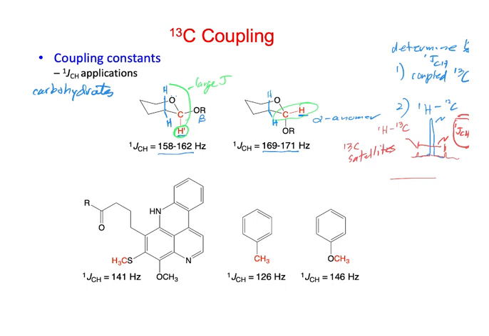So you have a diaxial coupling constant. Remember, at 180 degrees it would be bigger. This one over here would have only smaller couplings because it only has gauche interactions, so 2 hertz or 3 hertz or something like that.